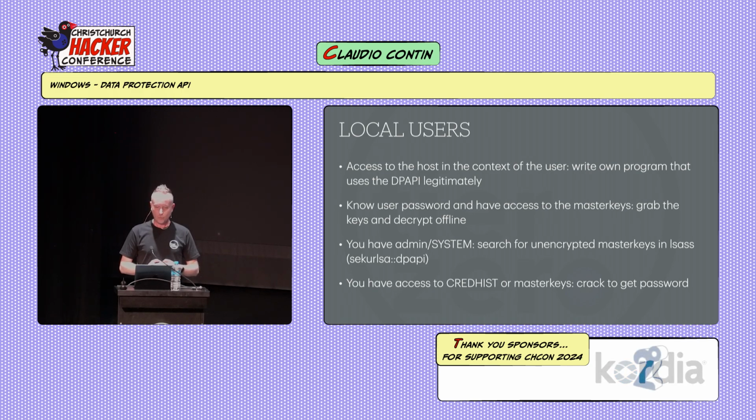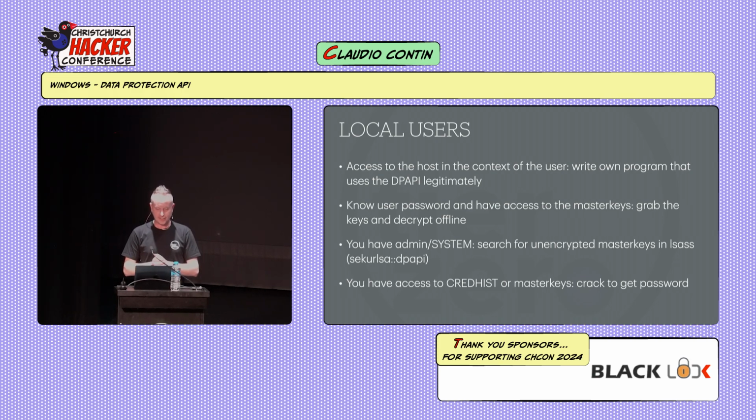Once we run in the context of the user, Windows will know that we are this particular account, so we will not need to provide the credential, because the credential is already cached on the system itself. The DPAPI will use the cached credential to decrypt the master keys, derive the symmetric key, and be able to decrypt the data that way.